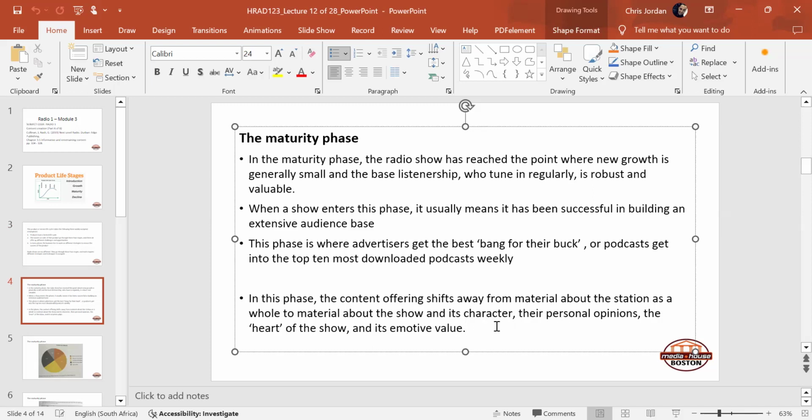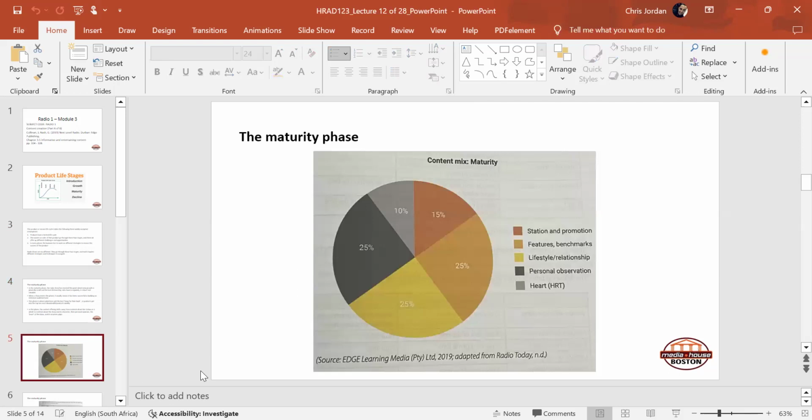The value that the listener considers in their lives is of high quality, and it's kind of like, quote unquote, cherished, right? And again, trusted. It's inclusive, so it's been invited into their lives quite comfortably through the previous two phases, but now it's just part of their lifestyle, right?